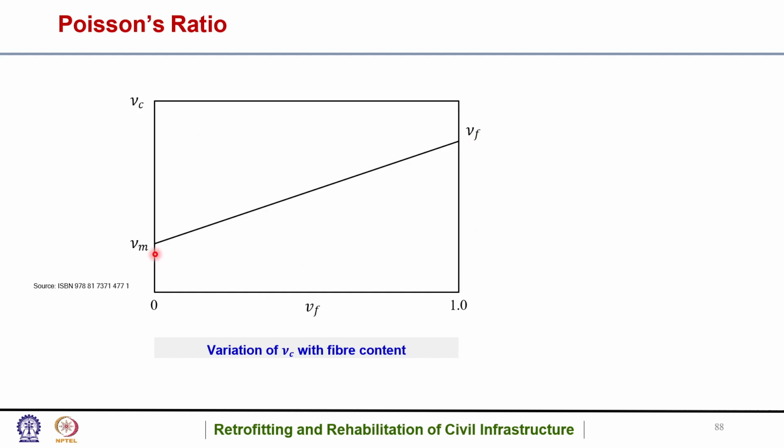Similarly, if everything is matrix, the fiber volume fraction is 0 and the matrix volume fraction is 1, so nu c takes the value of nu m. So the matrix Poisson's ratio equals the composite Poisson's ratio when the fiber volume fraction is 0, because the whole composite is made up of the matrix.